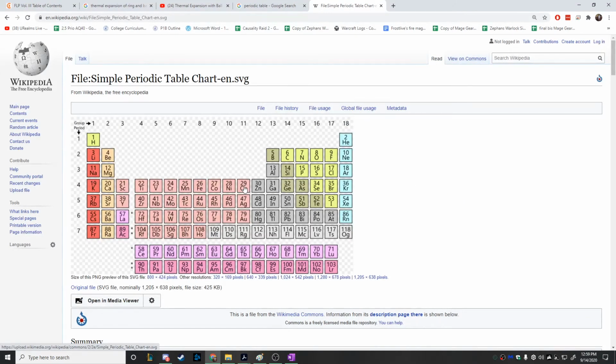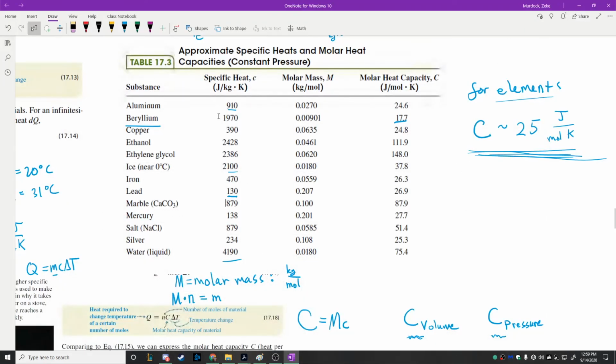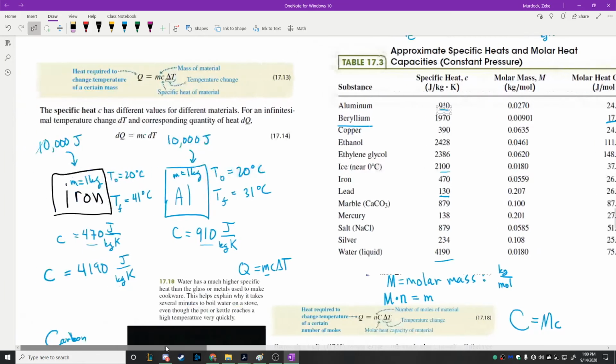Where's aluminum? Yeah, 13. So aluminum is extremely light. That makes sense. So aluminum is like the lowest one on here in terms of its molar mass. And so as a result, it has a really high specific heat. Okay, so that's some stuff about specific heat.